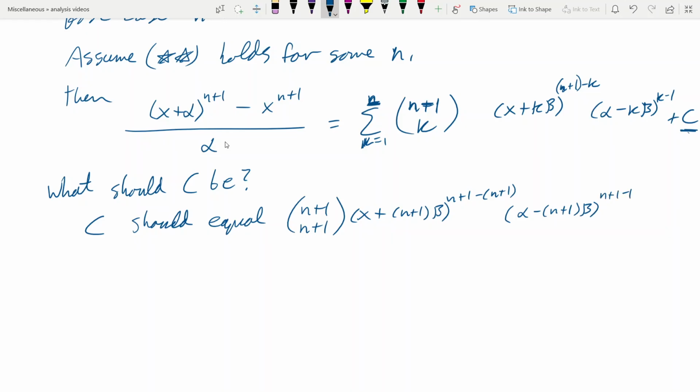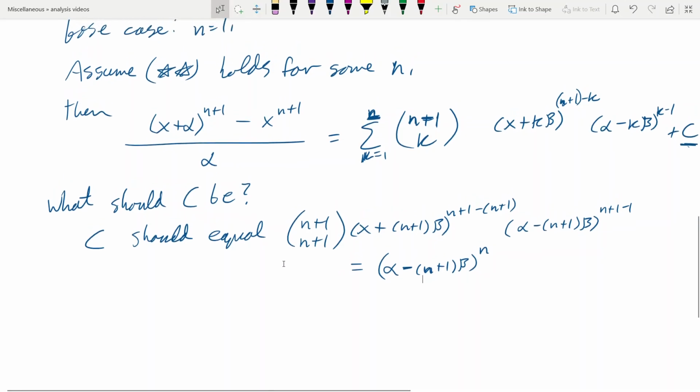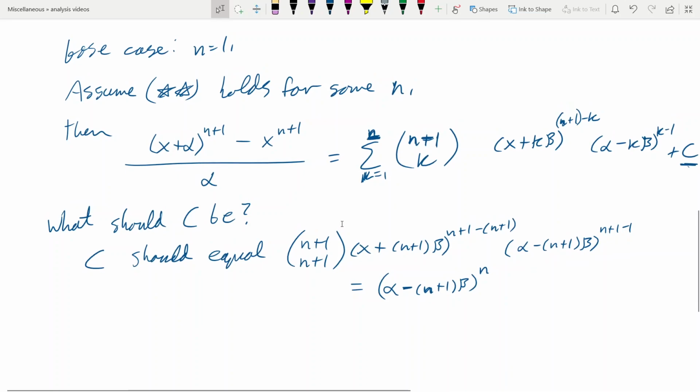And that all simplifies to just give us this: alpha minus n plus 1 beta to the n. Now we haven't shown that c is equal to this, but this gives us a bit of a guiding principle to follow.